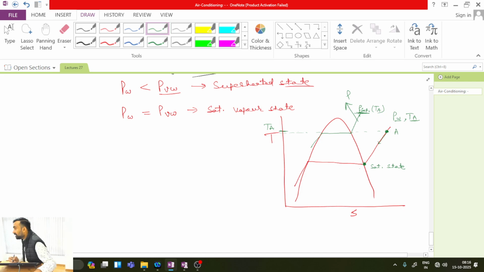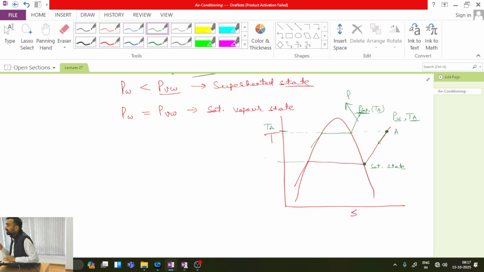The pressure remained the same, but the temperature has decreased. When temperature is decreasing, the moisture holding capacity of the gas is decreasing. With decrease in temperature, the corresponding saturation pressure will decrease. If the saturation pressure is decreasing, air can hold less amount of vapor. So with decrease in temperature, the moisture carrying capacity is decreasing.